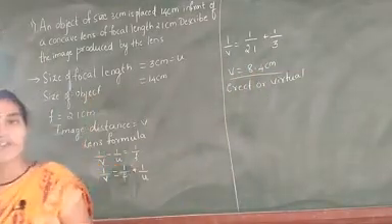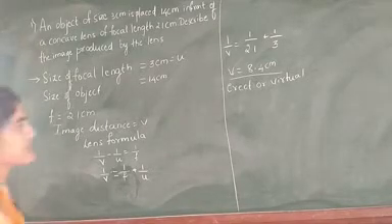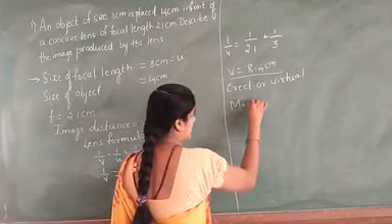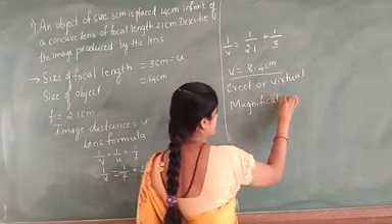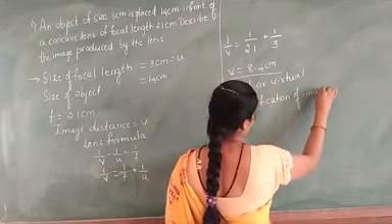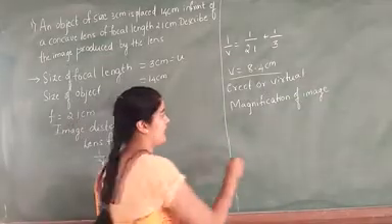In the same way, we also have to calculate the magnification of the image. The magnification of the image is given by the formula M is equal to H2 by H1.